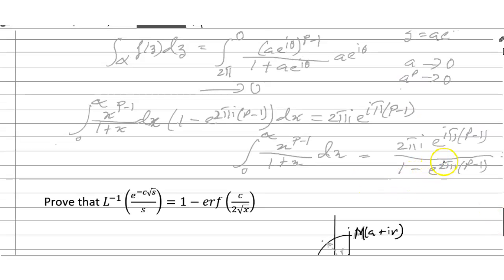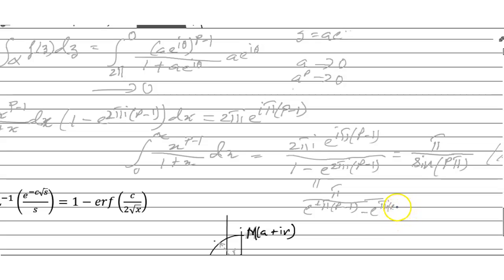Very simple, friends. If you just divide by e to the power i p pi, then you can get this, because 2 pi i divided by (e to the power i pi (p minus 1) minus e to the power minus i pi (p minus 1)) equals pi divided by ((e to the power i p pi minus e to the power minus i p pi) divided by 2i).